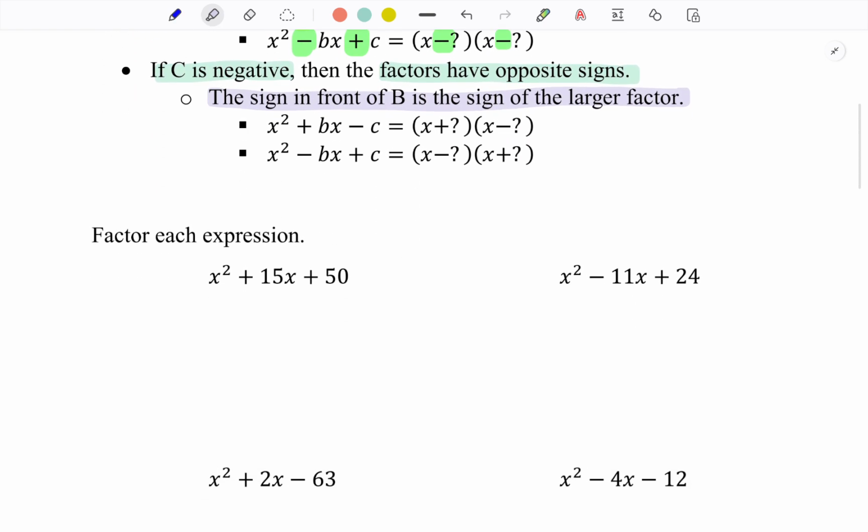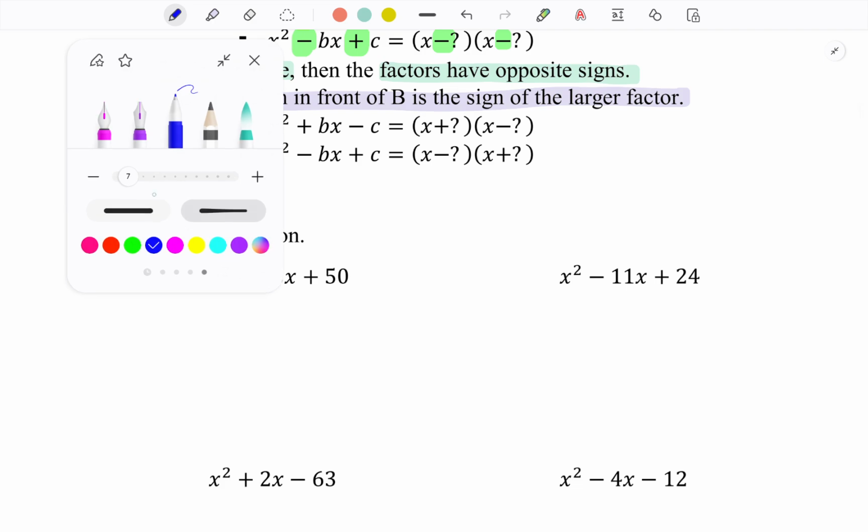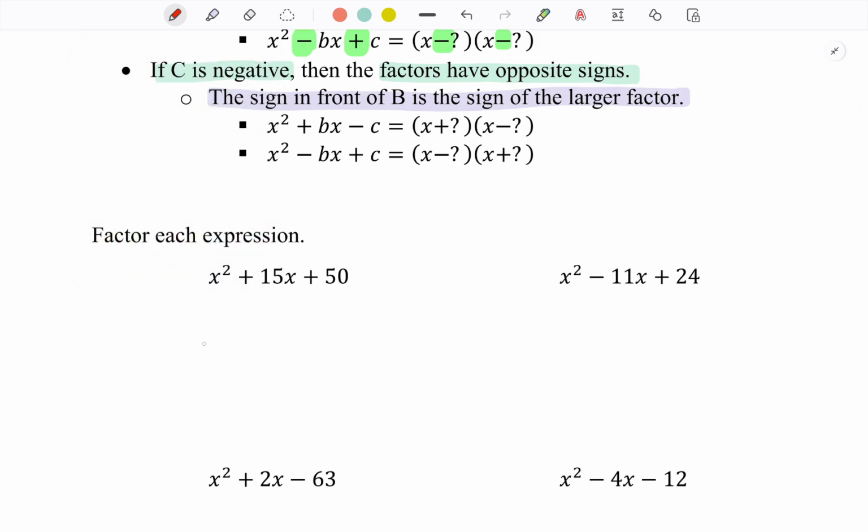So let's go ahead and take a look at factoring some of these expressions. So remember, we're undoing FOIL. So we want to have two sets of parentheses. So for x squared plus 15x plus 50, we have a positive C and a positive B. So both of these are positive, so both signs will be positive.